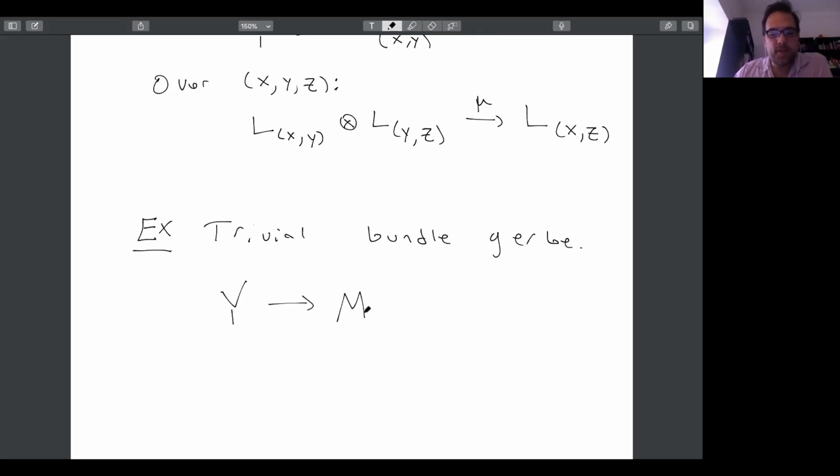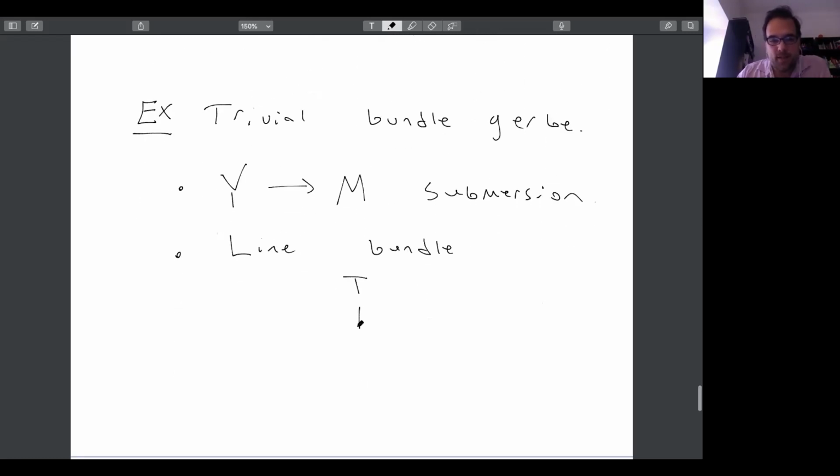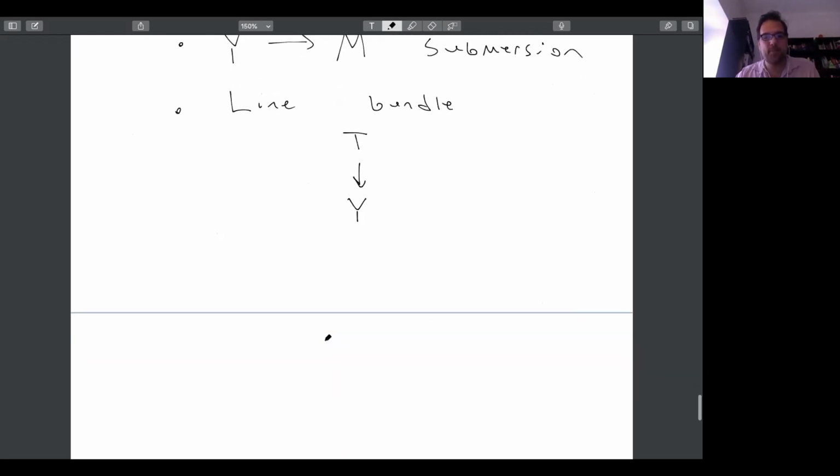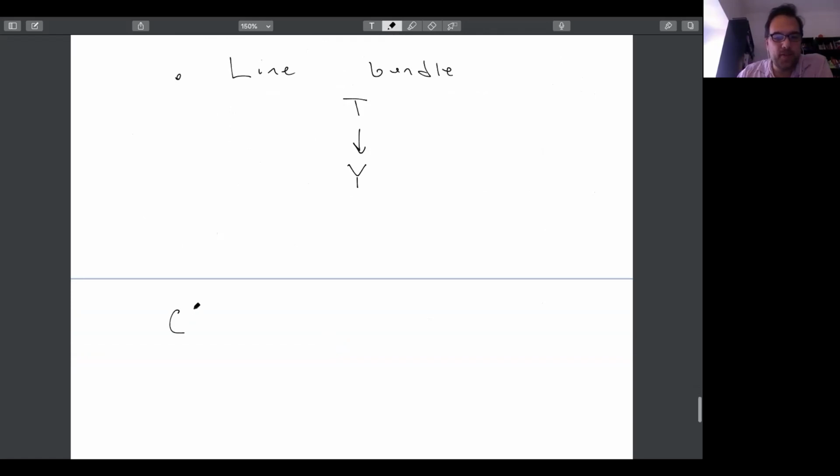You fix a surjective submersion, and you fix a line bundle T over Y, not over the fiber square, but over Y. And then you choose your line bundle to define your bundle gerbe.